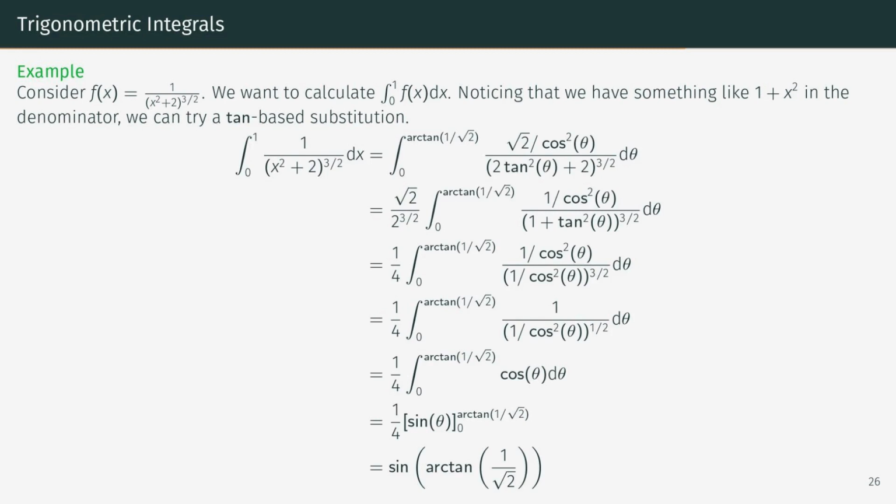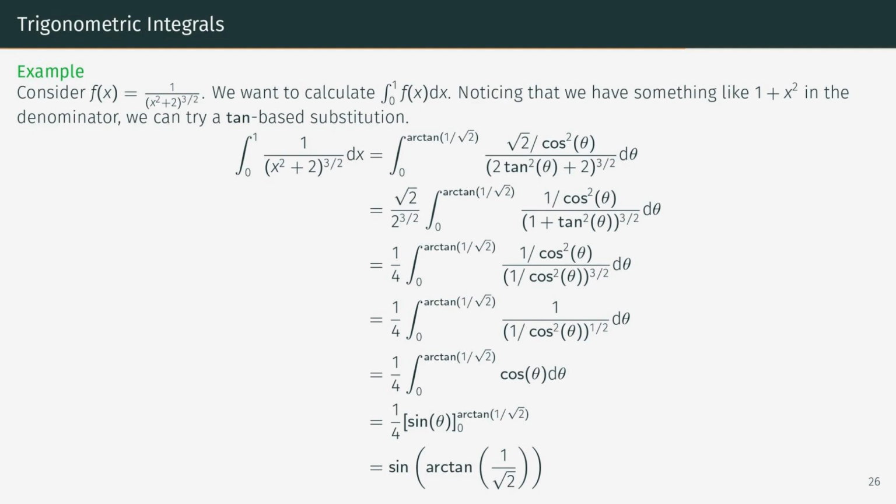So, the integral of 1 over x squared plus 2, all to the 3 over 2 power, dx from 0 to 1 equals the integral of the square root of 2 over cosine squared theta, all divided by 2 tangent squared of theta plus 2, all to the 3 over 2 power, d theta.